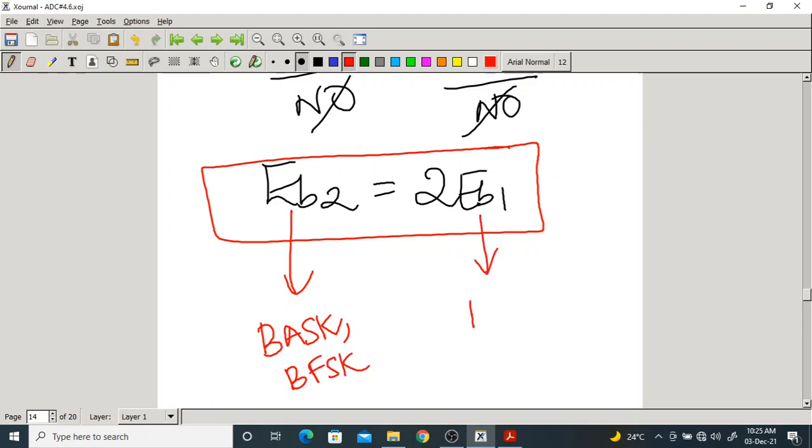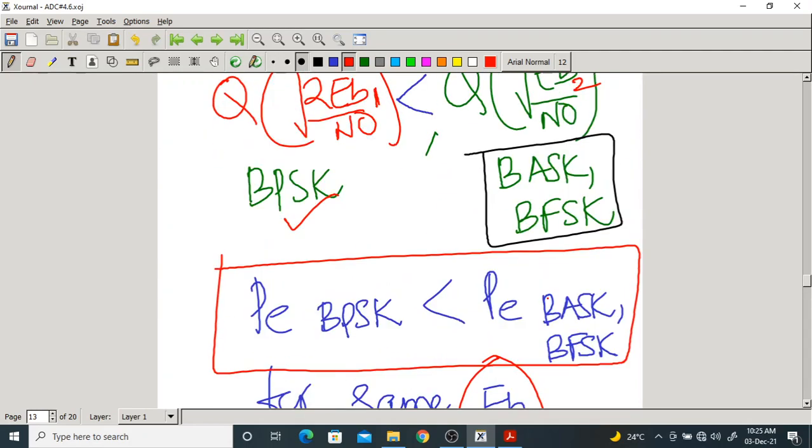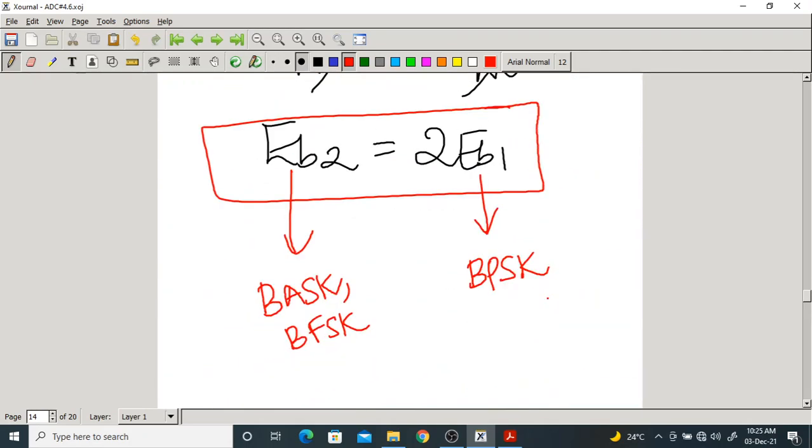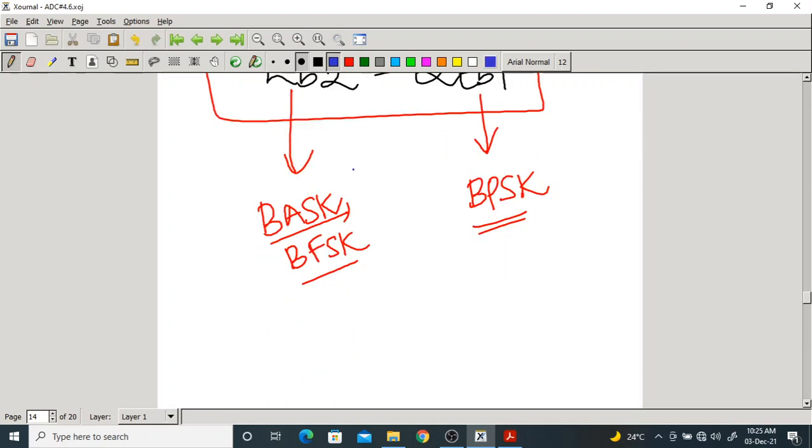EB1 is the bit energy of BPSK. Which means, to get the same probability of error, BASK and BFSK should have twice the energy of BPSK. If you take logarithms, what will happen?